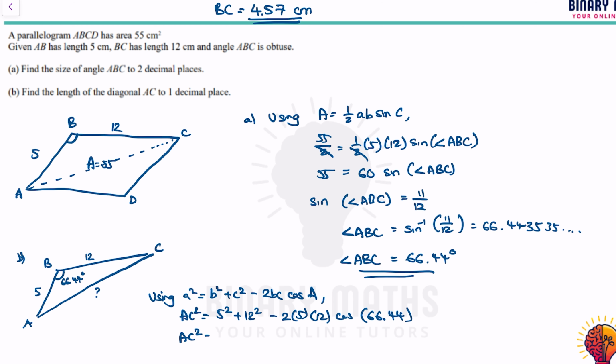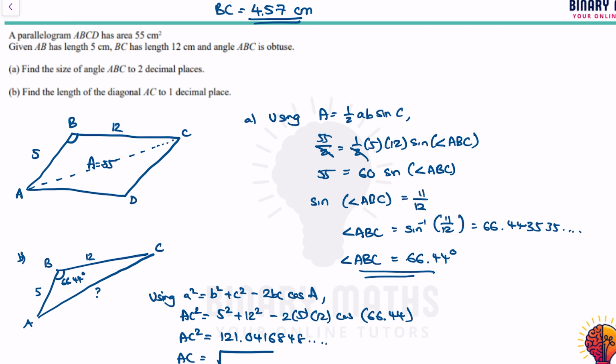If I put this into my calculator, I get AC squared is equal to 121.04168848, which means AC is equal to the square root of this number, which means AC is equal to 11.0018946, which means AC must be equal to 11.0 centimeters to 1 decimal place.